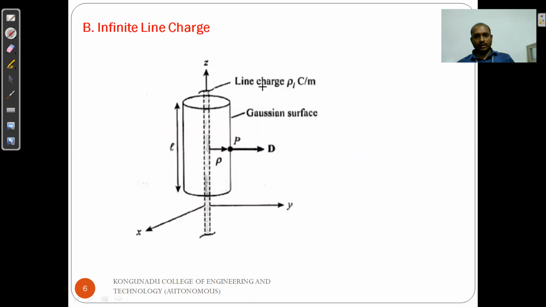The next one is the infinite line charge. Here rho L, the charge, is uniformly distributed, and we take a cylindrical Gaussian surface. Assuming a point P on the surface at a radial distance rho, we calculate the electric flux density at that point.